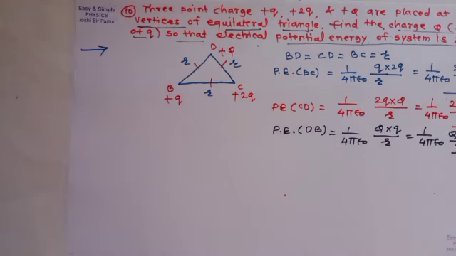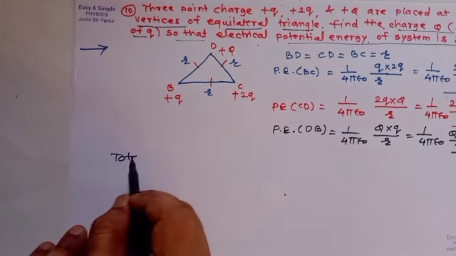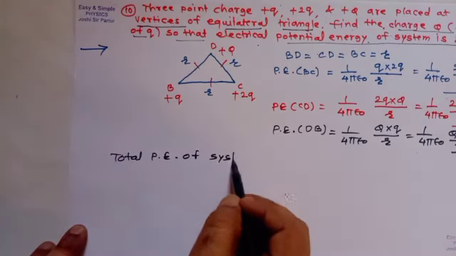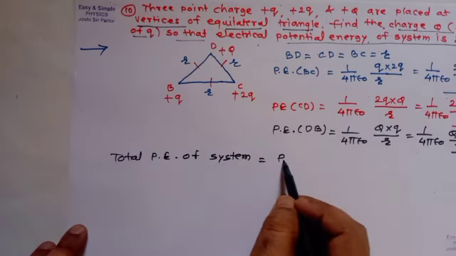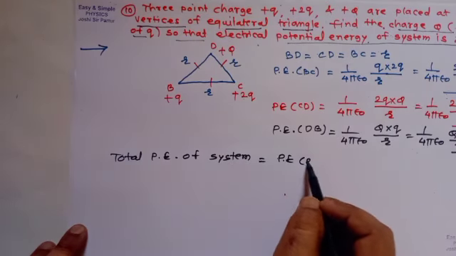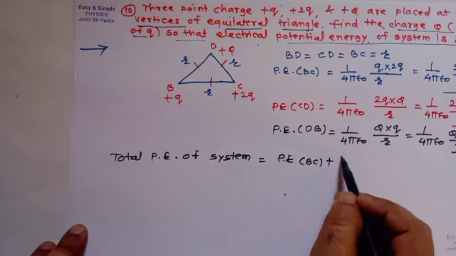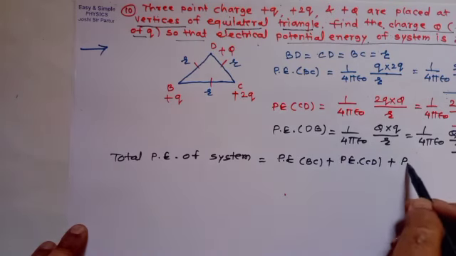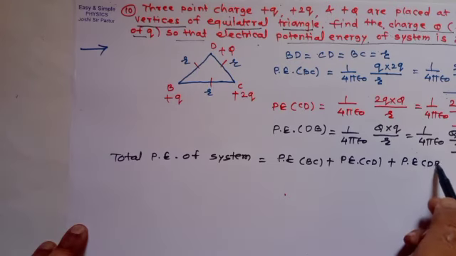Using these three equations, the total potential energy of the system is equal to potential energy at BC plus potential energy at CD plus potential energy at DB.